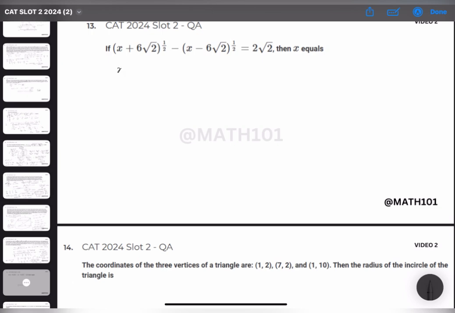We are given that root of (x plus 6 root 2) minus root of (x minus 6 root 2) equals 2 root 2.